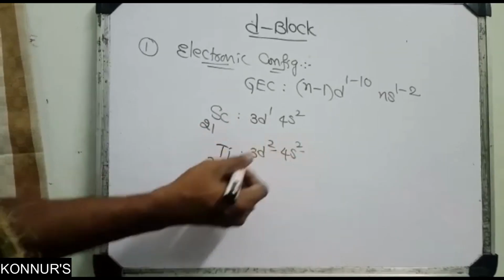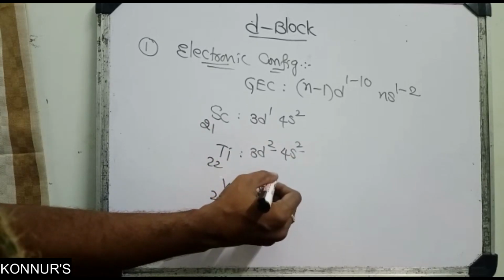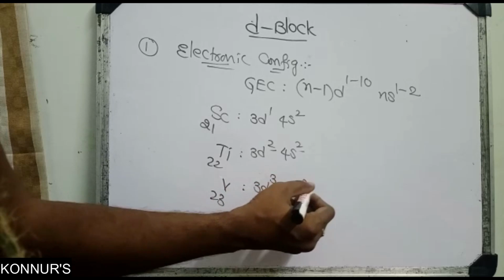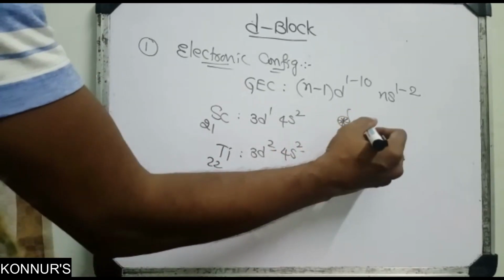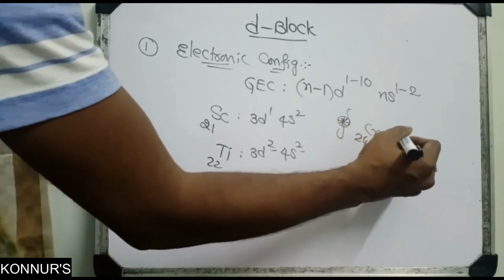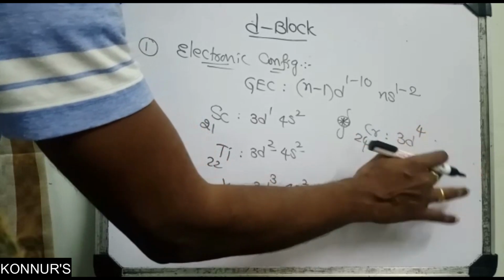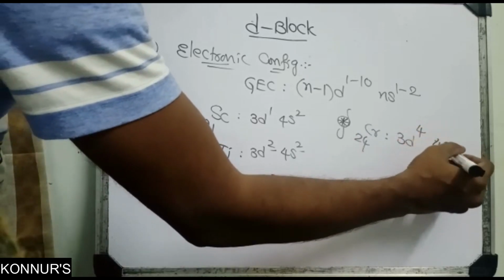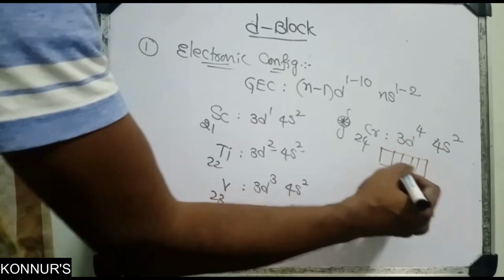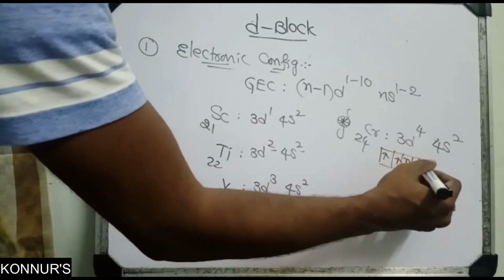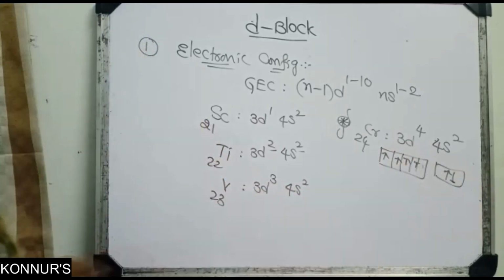Vanadium 23 is 3d3 4s2. Next, the important one is chromium, 24. If you write 3d4 4s2, what happens? 1, 2, 3, 4 electrons, then s2.